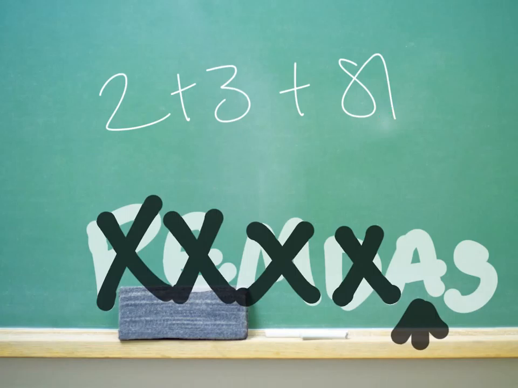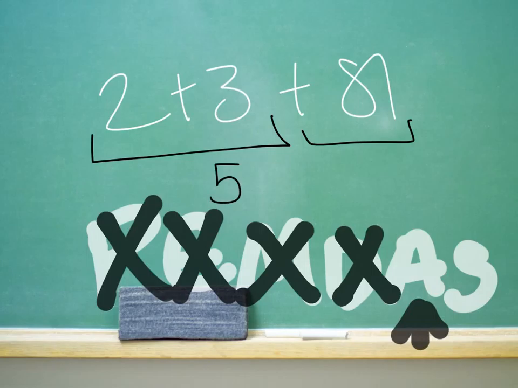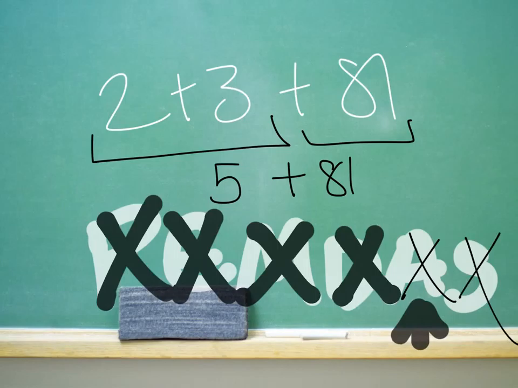So 2 plus 3 equals 5, plus 81. Now that we've finished addition, we don't have any subtraction, so we can't do anything for subtraction.